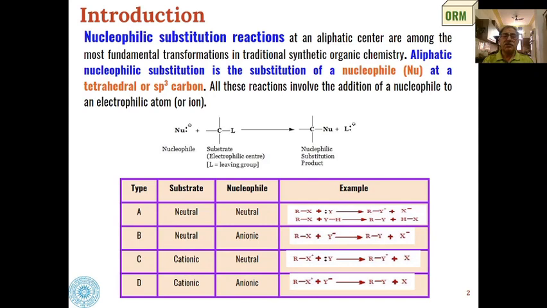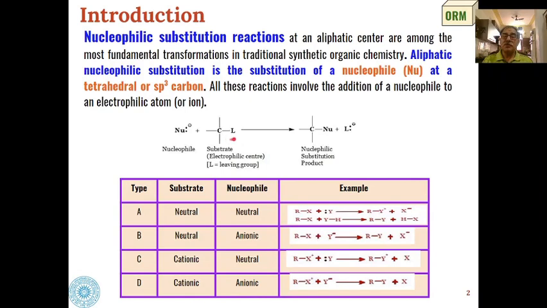The SN2 reactions take place at an aliphatic center, and these are the most fundamental reactions which we will deal with in synthetic organic chemistry. So what happens is that at a saturated aliphatic center of this type, having a carbon and a leaving group, the nucleophile will substitute this leaving group and will get attached to the carbon.